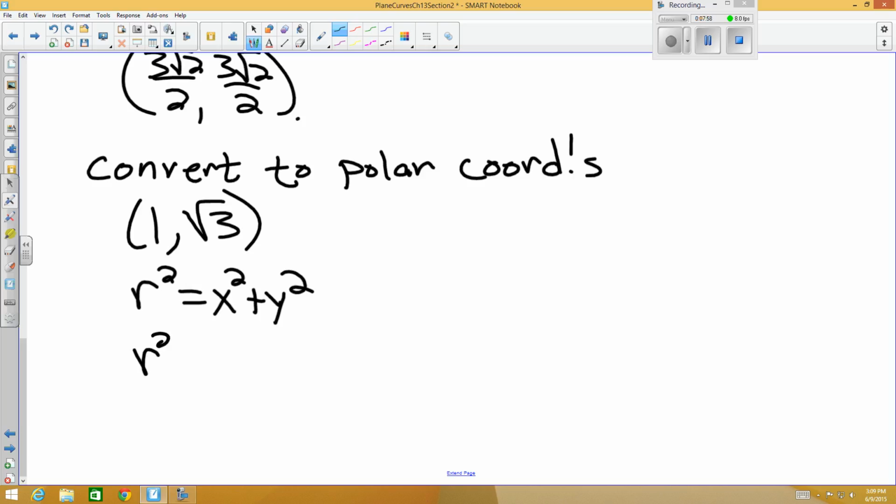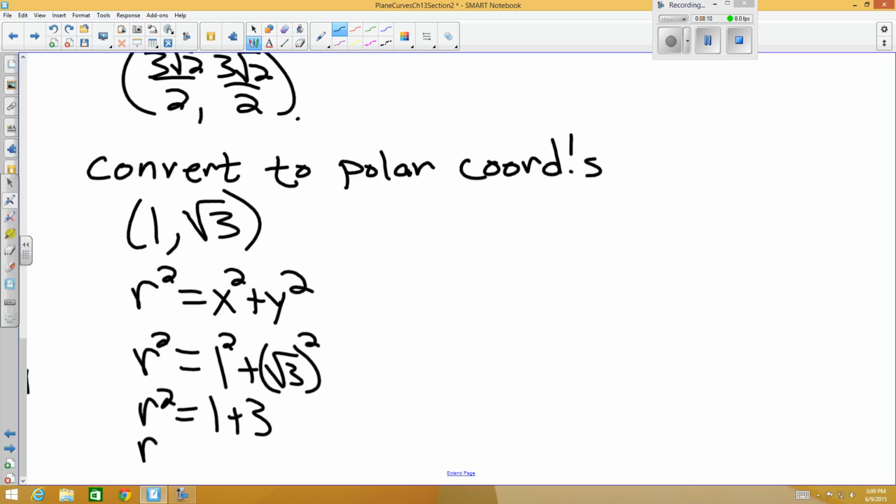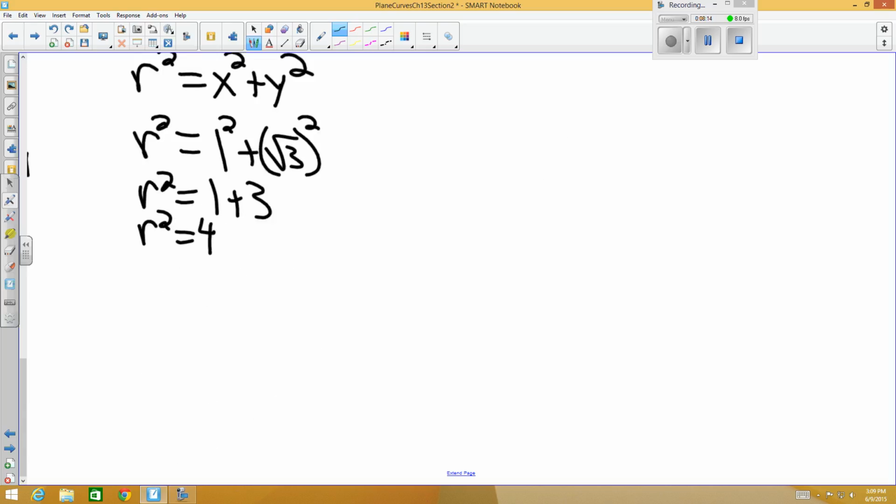So r squared in this case is 1 squared plus the square root of 3 squared. r squared is 1 plus 3. So r squared is 4, which means that r is plus or minus the square root of 4, which is plus or minus 2.